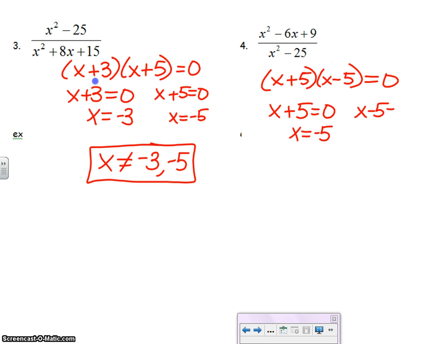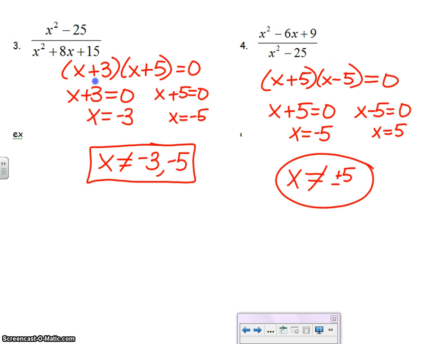As we set both x plus 5 and x minus 5 equal to 0, we see that our excluded values would be negative 5 and 5. So we will conclude that our x value cannot be negative 5 or positive 5. And if you want to write it as plus or minus 5, that's fine.